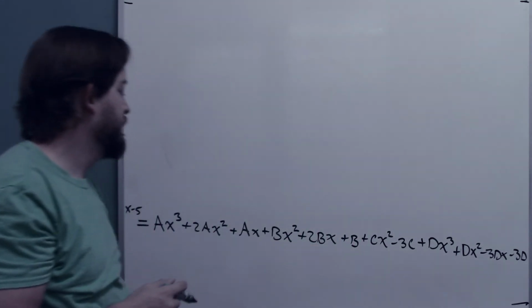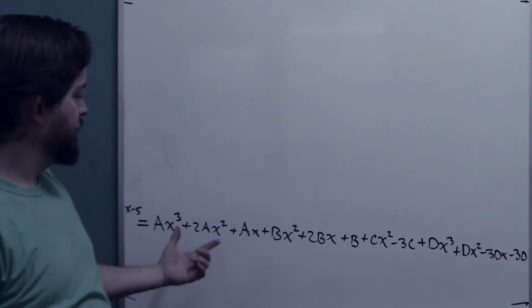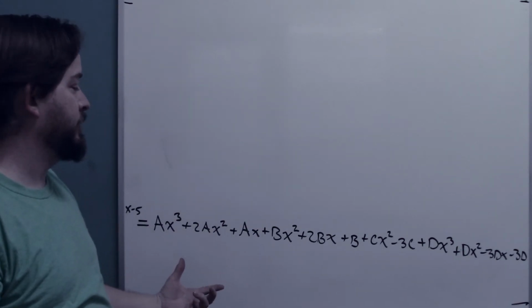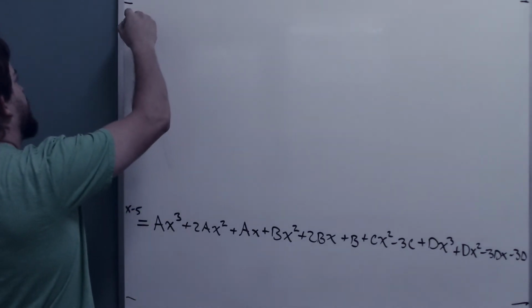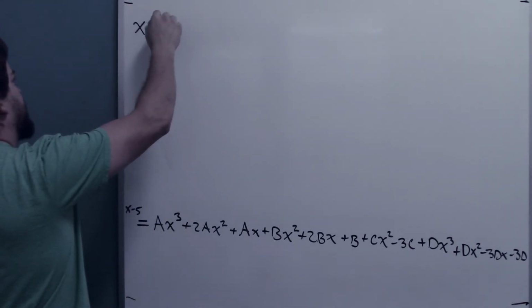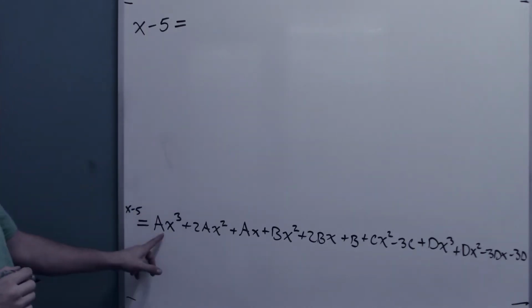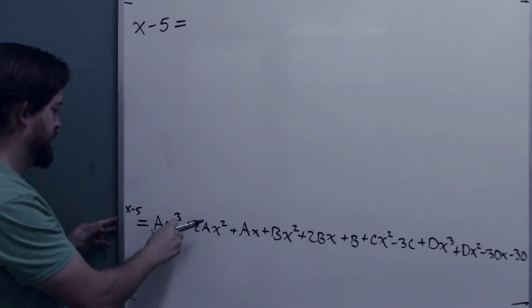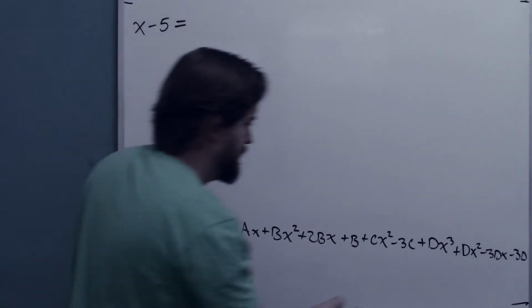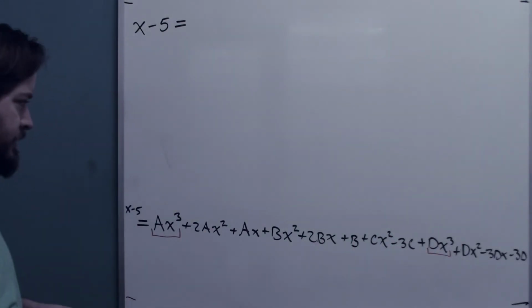Okay. Now, what do I do with this big glob of crap, right? I'm going to reorganize it, and I'm going to write all of my x to the thirds together. And so I have, on the left, I still have this x minus 5. Right? But I'm going to write my x to the thirds together, so I have ax to the third and dx to the third, right?